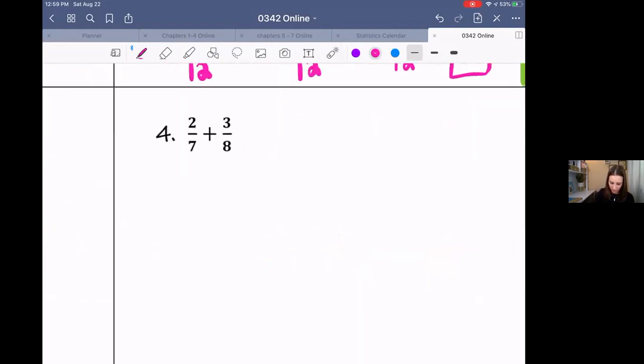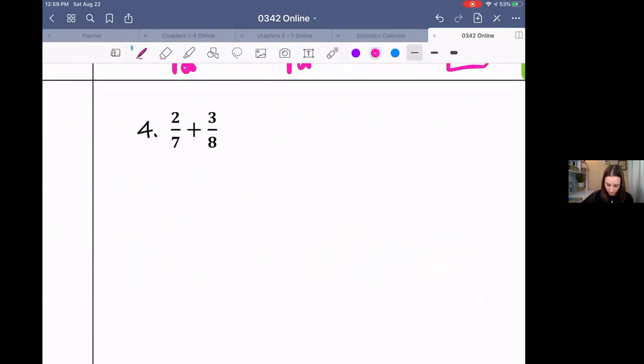Okay, last one here. 7 and 8 are our denominators. So if you go through and you list your multiples, 5, 6, 7, 8.